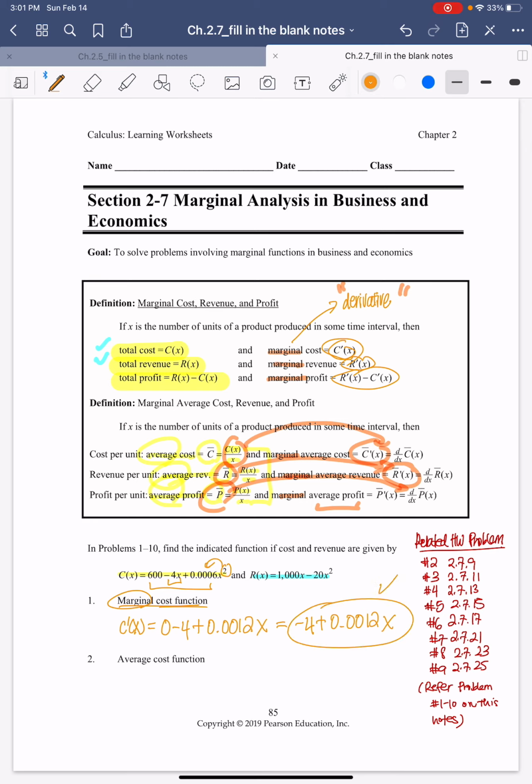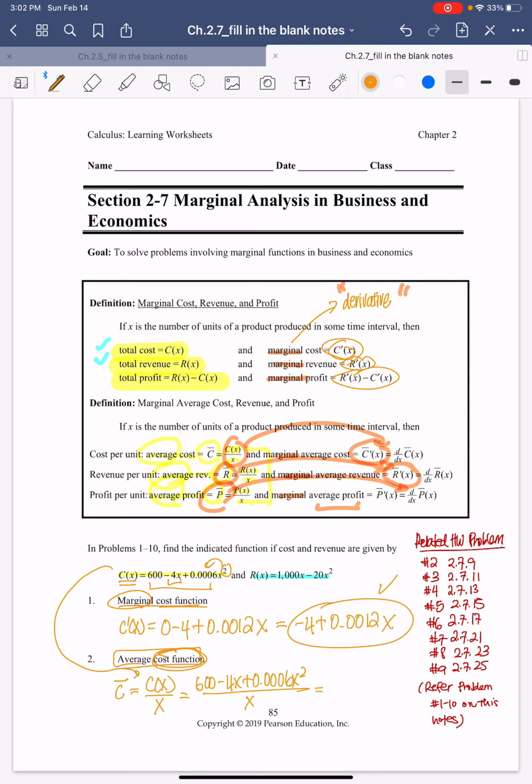All right, keep going. Average cost function. Okay, I have a cost function, but we are going to average it. So we are really finding C bar: total divided by number of units. That's what average means. Well, I know the total function, that's 600 minus 4x plus 0.0006x squared, all over x.